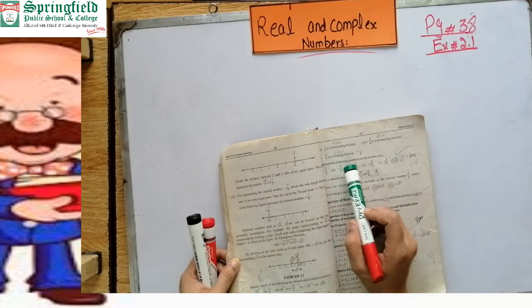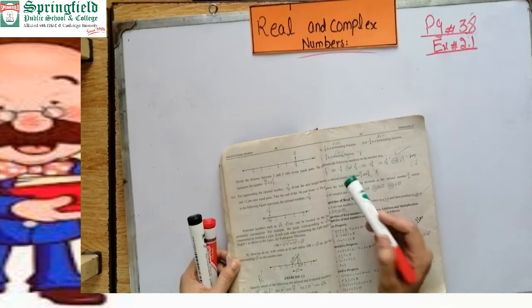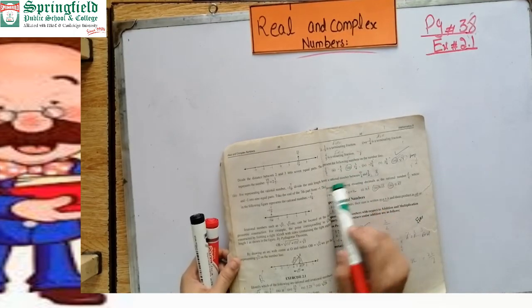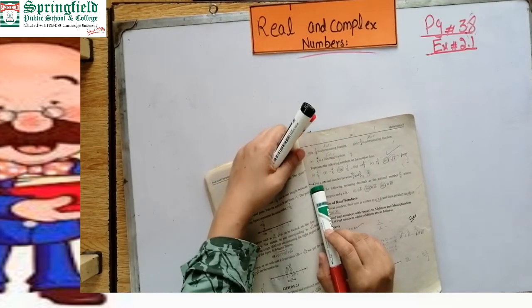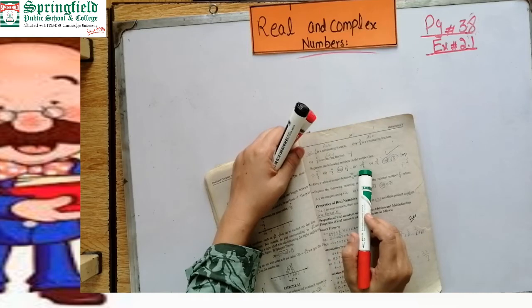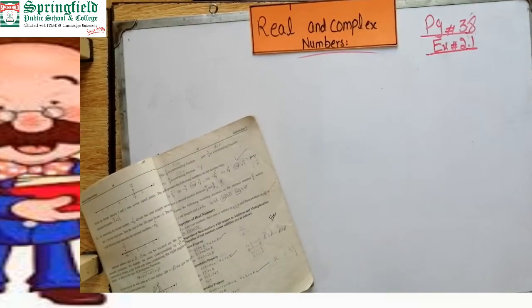And 4 by 5 is a recurring fraction. So beta, these are very easy questions. Complete these parts in your notebook. Now come to question 4. Represent the following on the number line. Number line again: 2 by 3, minus 4 by 5.